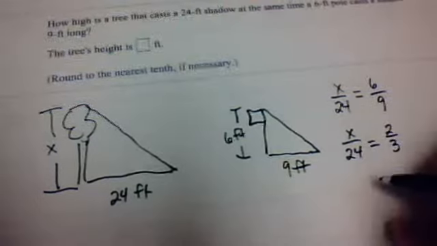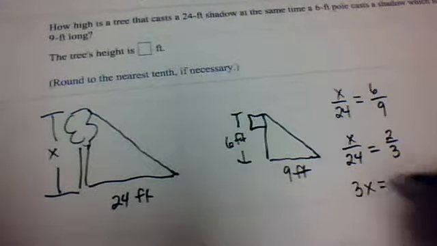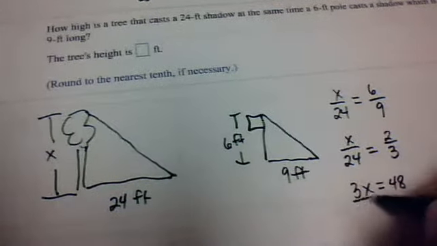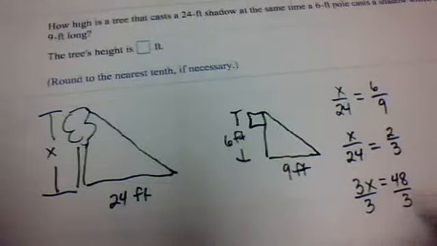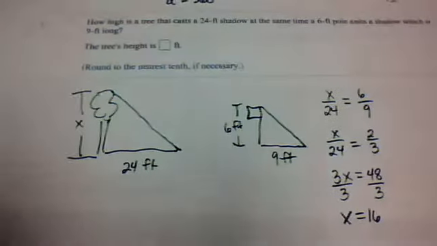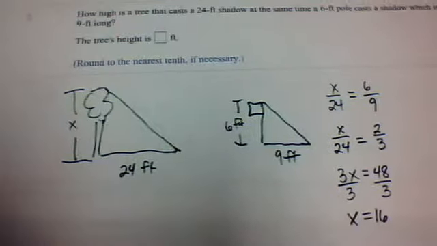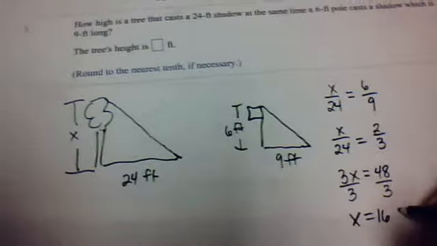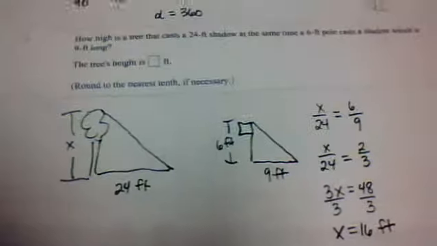And then do cross multiplication. That means I have 3x is equal to 48. Divide that by 3, you'll get x is equal to 16. So in this case here, the height of that tree is going to be 16 feet.